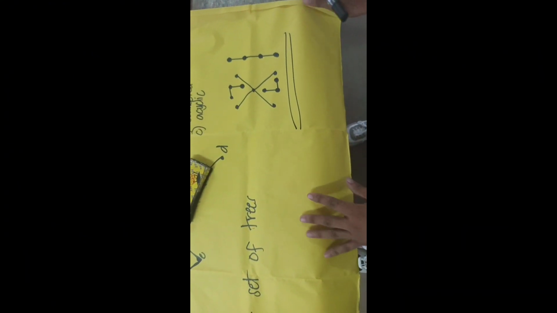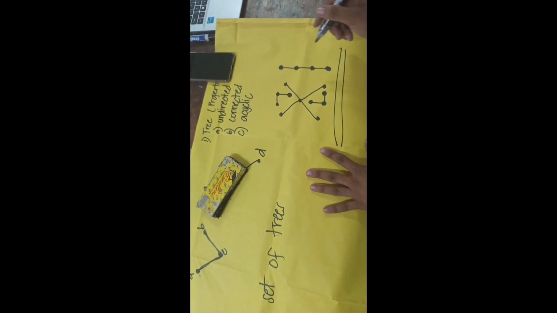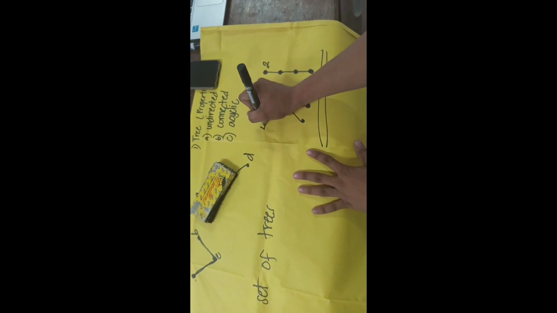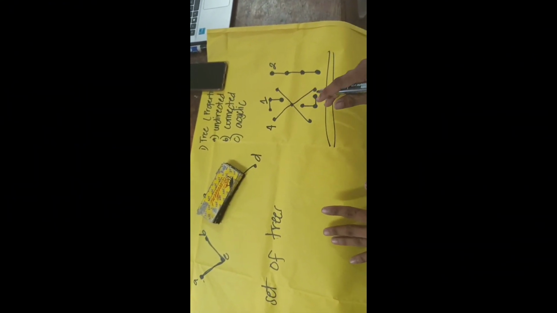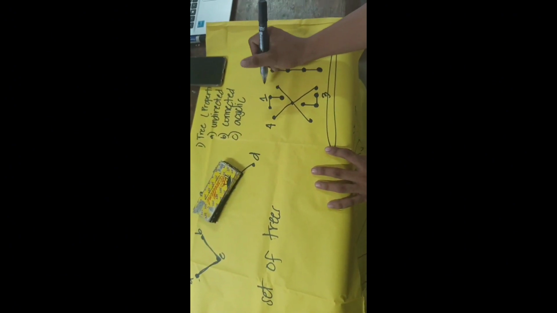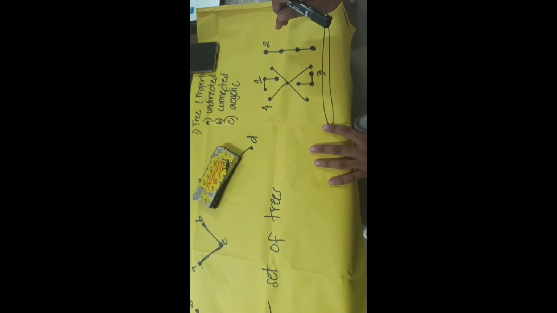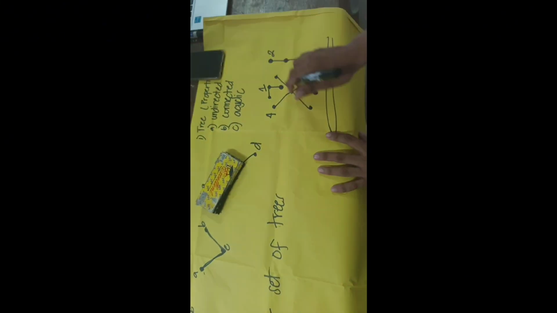This is an example of a forest. As you can see, there are 4 trees: 1, 2, 3, and 4. A forest is disjoint, meaning they are not connected. We have one tree here, we have another tree here, and lastly this one.